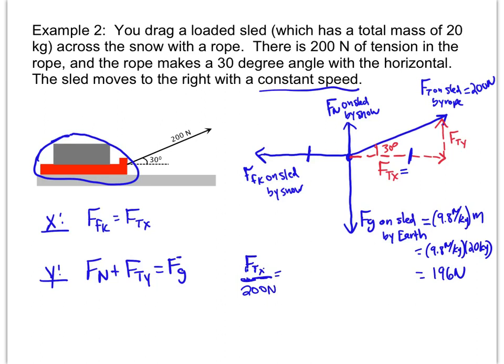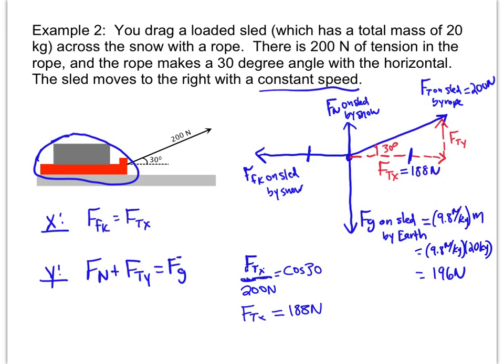The thing that relates those two things is the cosine of 30. So Ftx ends up being 188. Alright, so when we get that on my force diagram, 188 newtons.